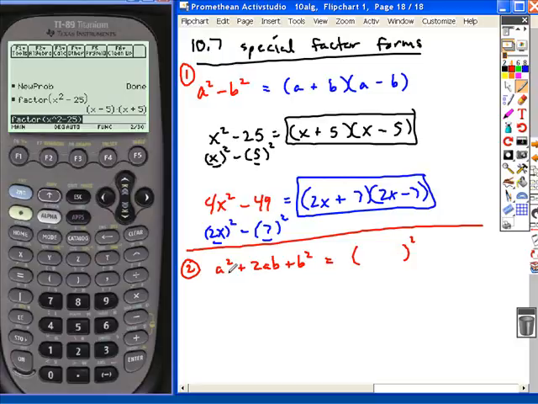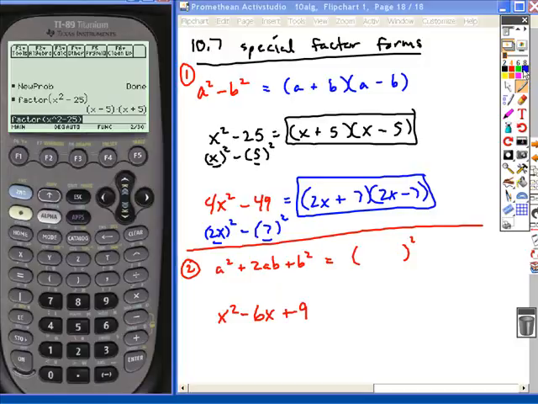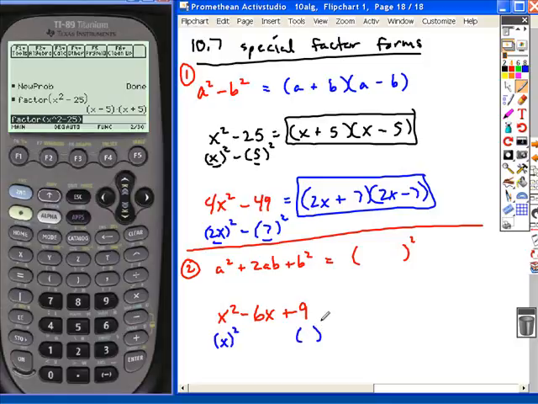And that is when you have this pattern where, I'll take an example here, if you have a pattern of 3 terms, where the first and the last term are perfect squares. So again, you look to see what's being squared here and what's being squared here.